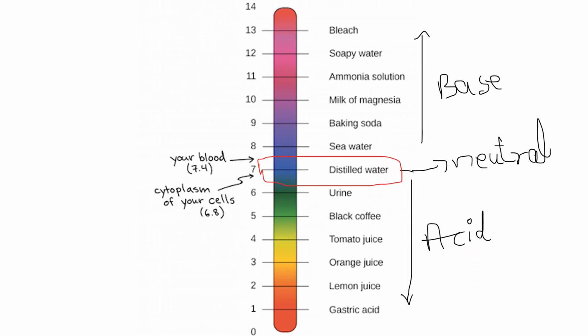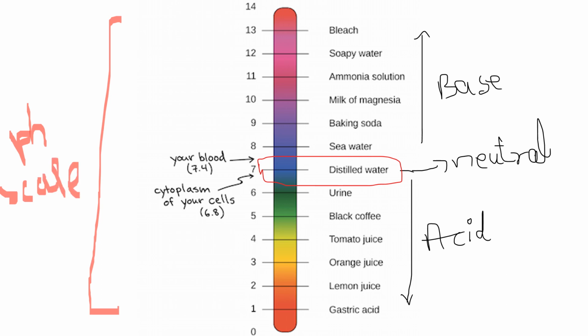You can see here a scale. This is the pH scale. As I told you, it is used to identify whether an acid is strong or not. So basically, the neutral part is neither basic nor acidic. The most common example of the neutral part is distilled water, the water that does not contain any minerals and nutrients.